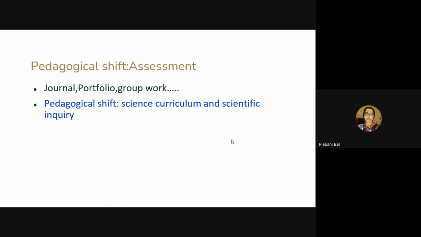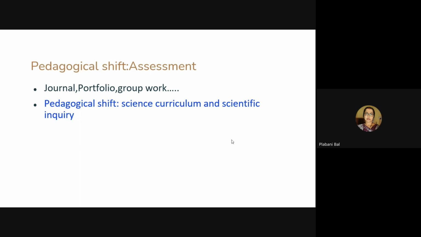The major shift in pedagogy was that teacher centered pedagogy is now changed into learner centered pedagogy, and fixed design in the pedagogy is now changed into a flexible process. Before, the teacher's direction and decision was final, but now learners are given the autonomy to think and to question.